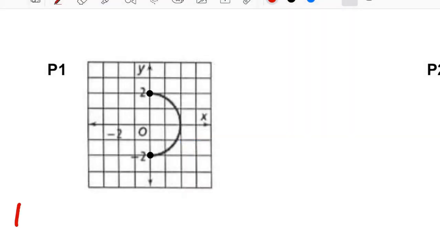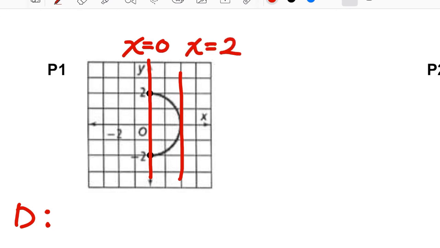So what do you think about the domain of practice 1, the domain? After doing the Desmos activity, if you really just reference or even draw or notice these two boundary lines, x equals 0 and x equals 2, that is good enough for us to be able to say that the domain of this graph is between 0 and 2.